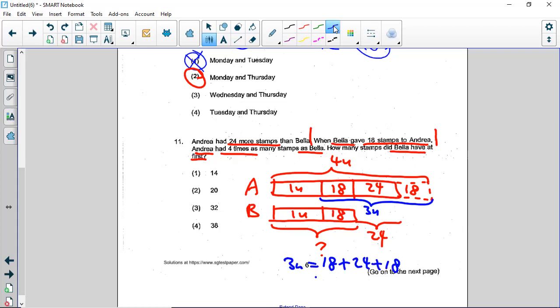Do your working and you will get 60. So your 1 unit will be equal to 60 divided by 3, which is 20. So how many stems did Bella have at first? Look at the question mark, 20 plus 18. So Bella has 38 at first. That is called model, right?